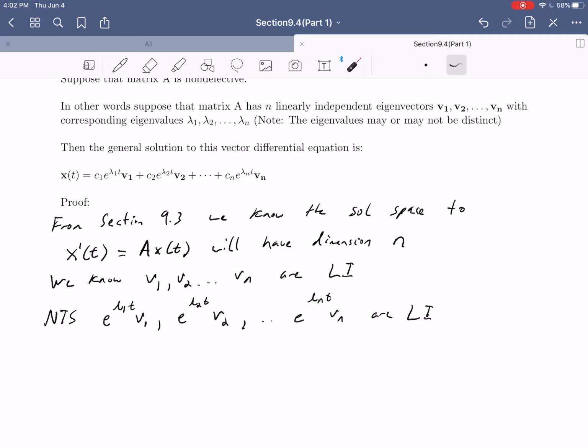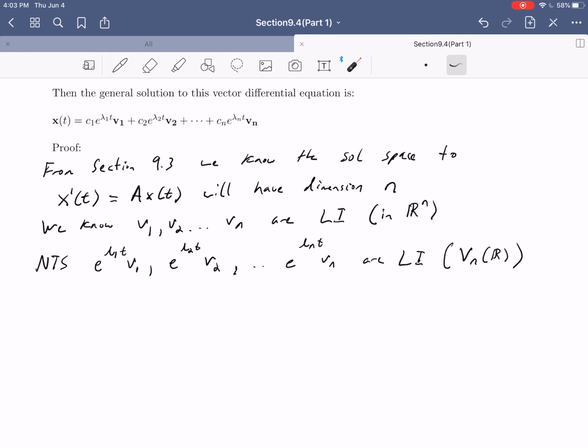And just to help you understand why we need to show this, when we say linearly independent, notice that v1 through vn would be linearly independent in Rn, since they are just n-dimensional vectors. But these would be linearly independent in Vn(R), the space of n-dimensional vector functions. So we know the eigenvectors are linearly independent, but we need to show that these vector functions are also linearly independent. Well, how do we show linear independence of things in Vn?